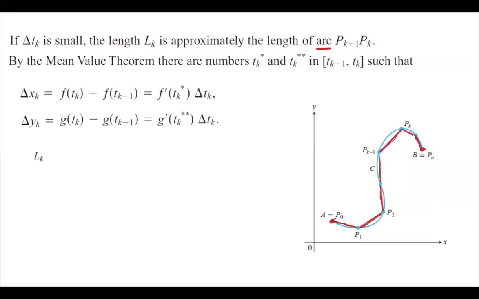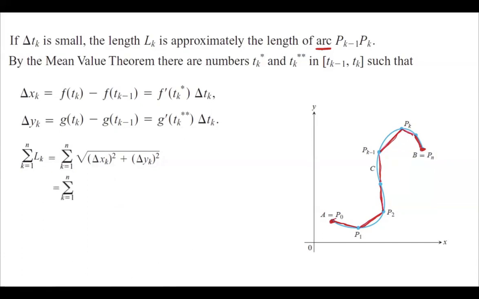Very good. So remember that lk was the square root of delta xk squared plus delta yk squared. Now, if you add all of these small line segments together, we are basically defining the Riemann sum.